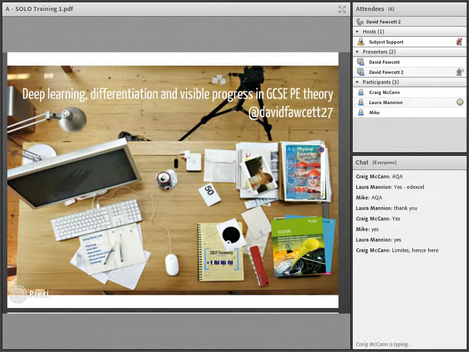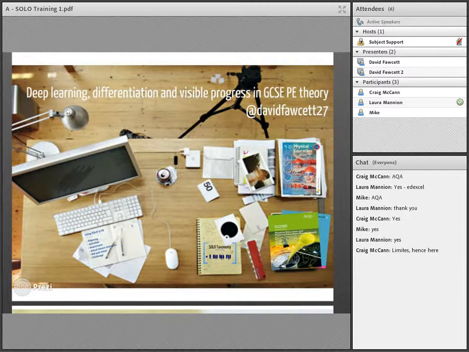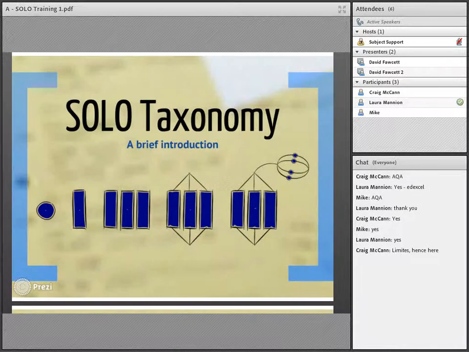Brilliant. So what I'm going to do is go through and talk about one particular way of planning lessons that you can look into, and hopefully get the best outcomes for the students that you work with. So here we go. Brilliant. What I'm going to do today is spend the majority of the time talking about something called SOLO taxonomy.